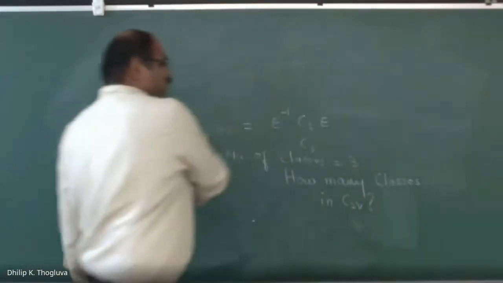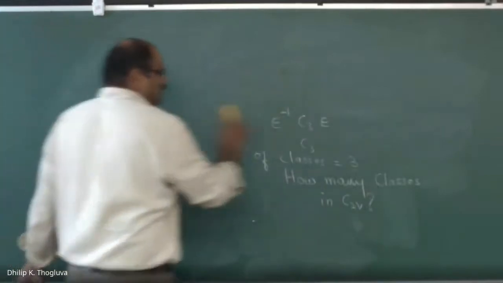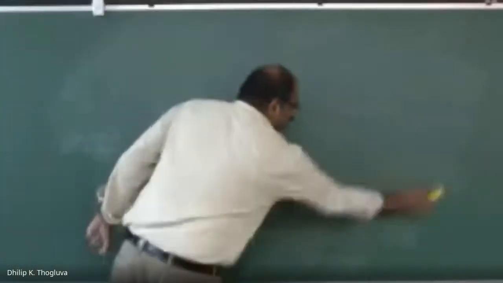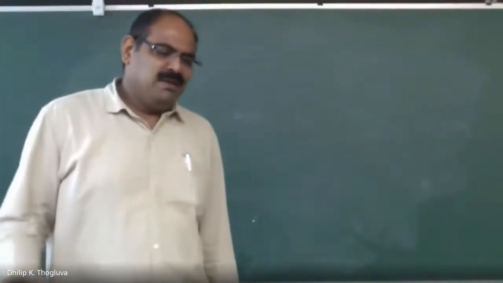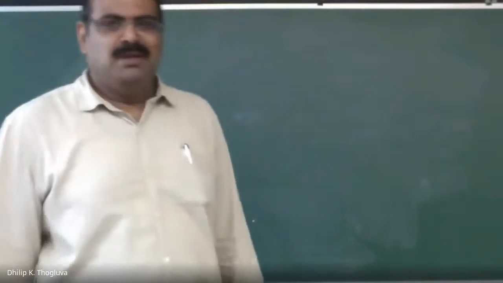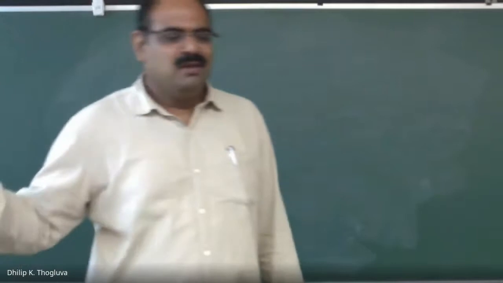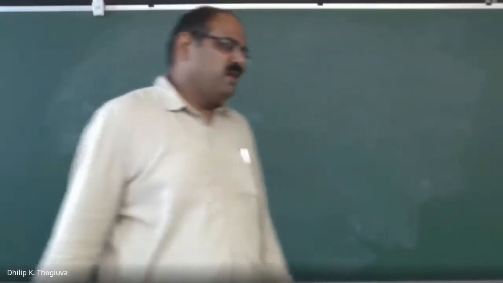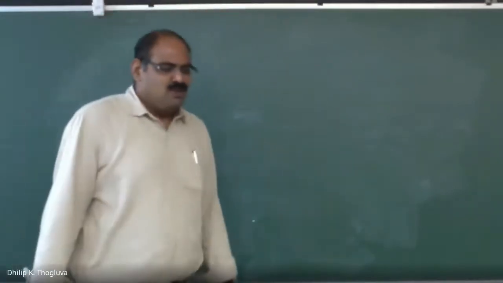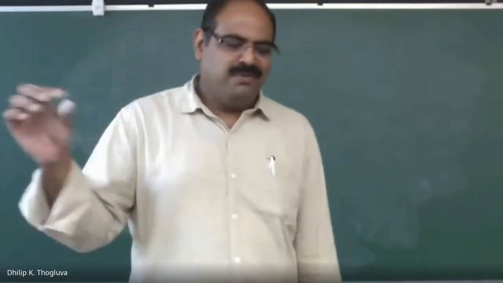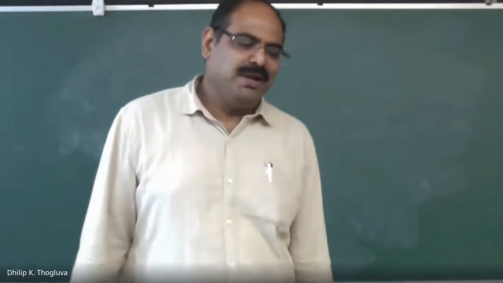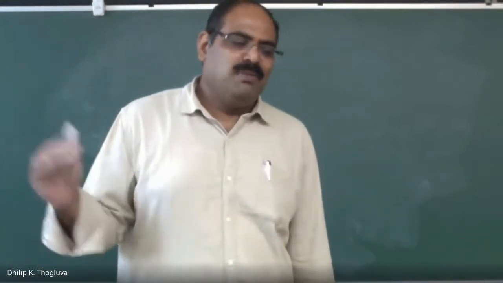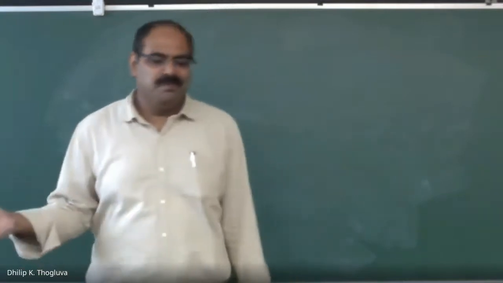You may be wondering why we find out classes. Some of you know about the character table. If you see the left hand side of the character table, you will have notations like A, B, E, T. The number of rows in that character table will be equal to the number of classes in a group.